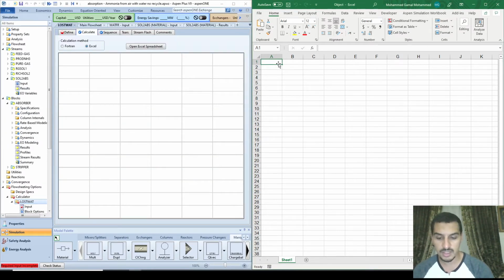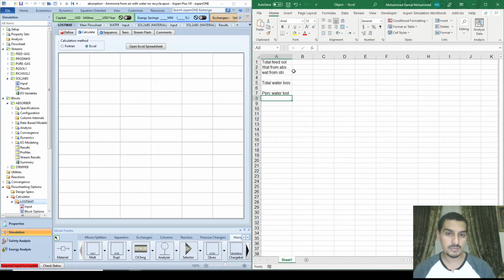I have the total feed solvent, the water from absorber, the water from stripper, and the total water loss, and the percent water loss. So these are the three inputs, and these are the two outputs that I want.